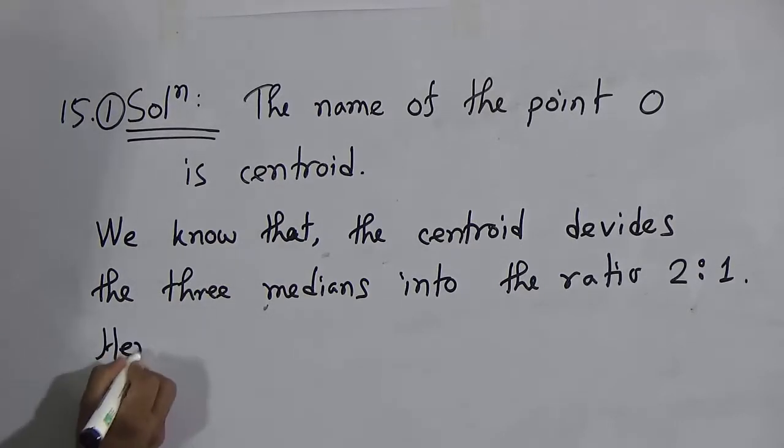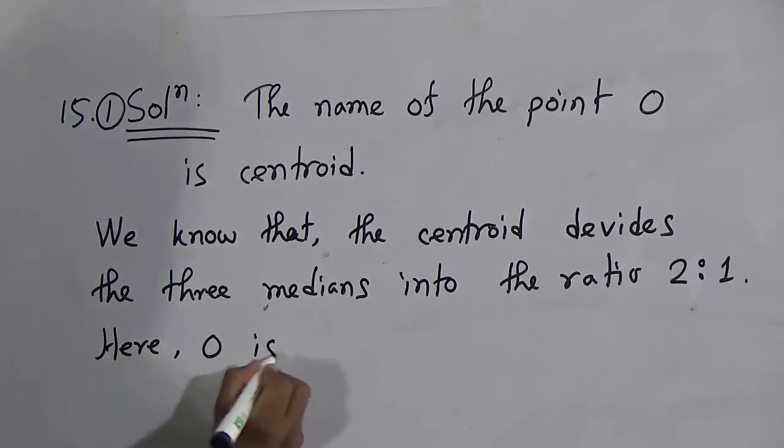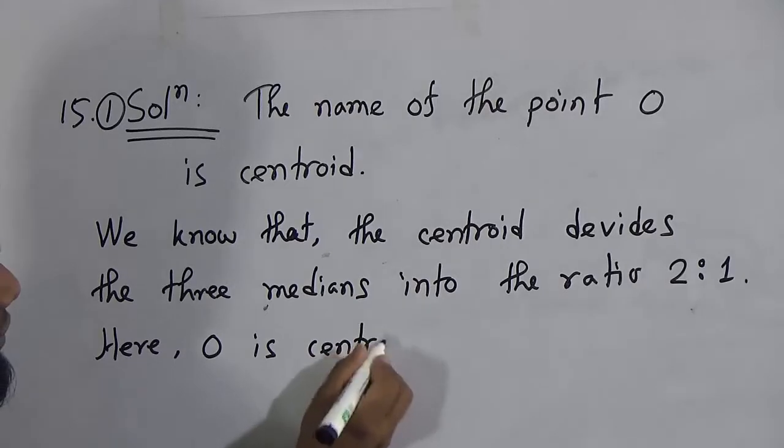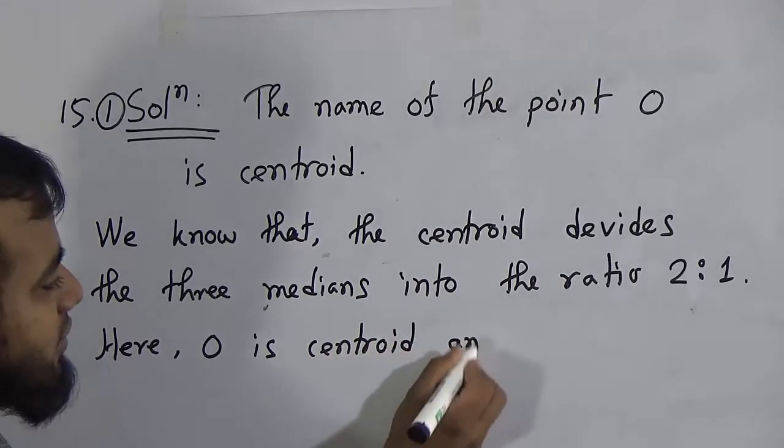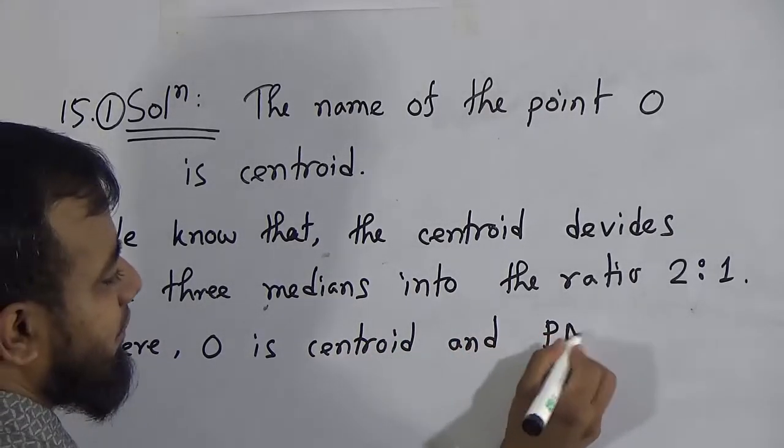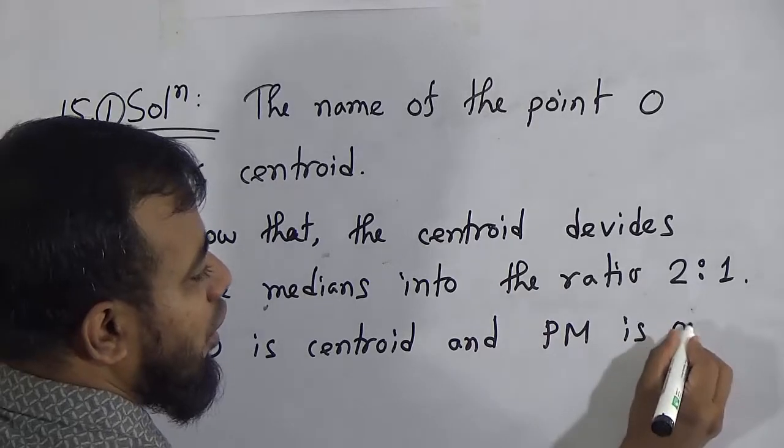Here O is the centroid and PM is a median.